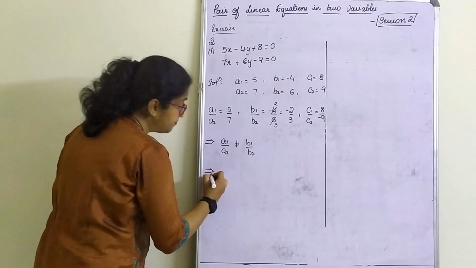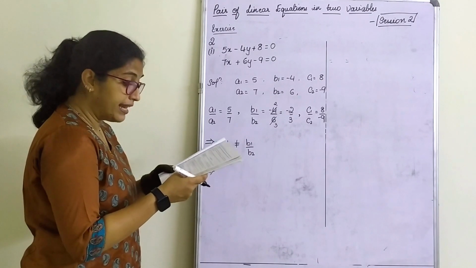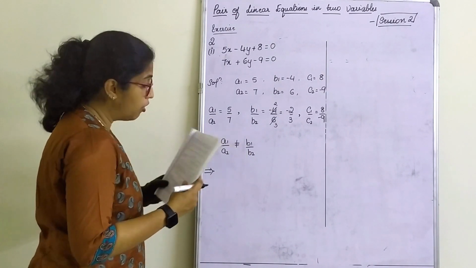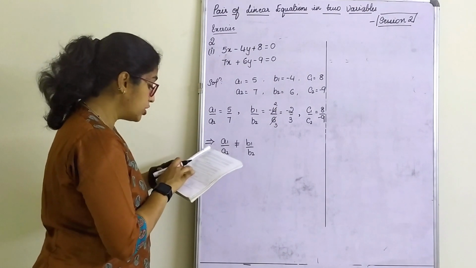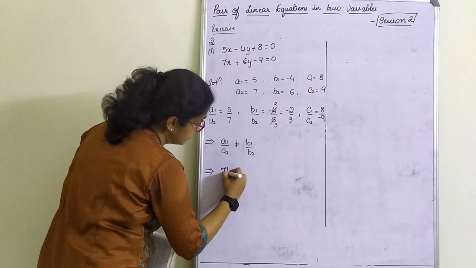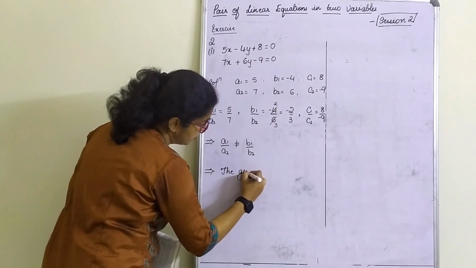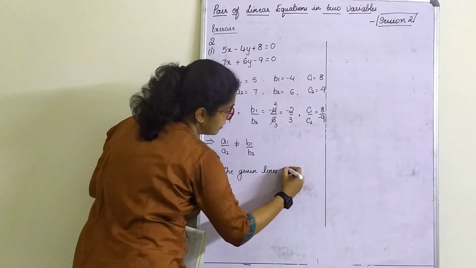This implies, what have they asked? Whether the pair of lines are intersecting, parallel or coincident. So you will give the conclusion as: the given lines intersect.